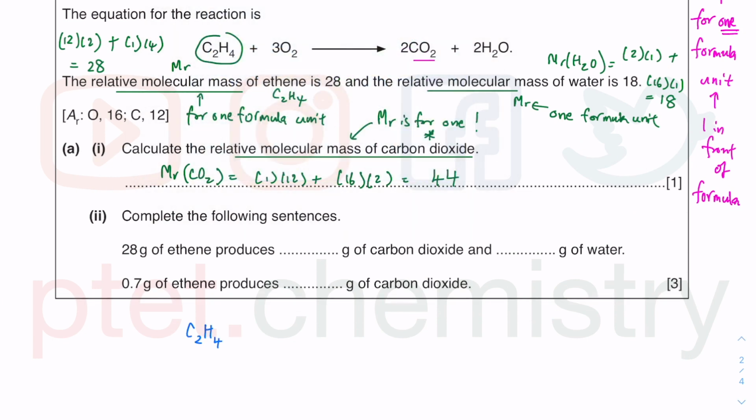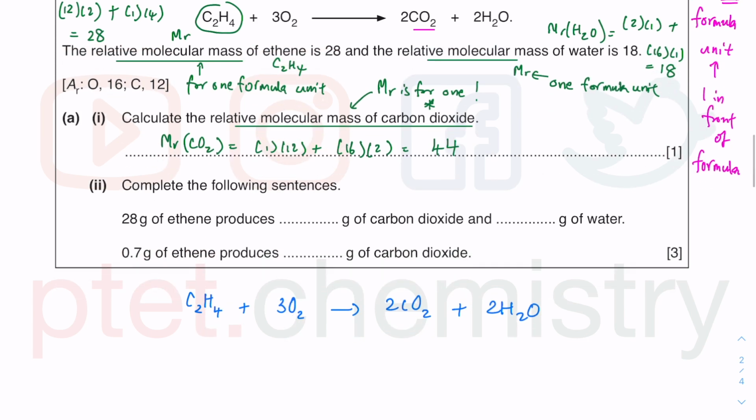So I'll just show you how to do the ratio. Ratio, direct proportion, those are things like cross multiply that we did in the last example, in the last tutorial video. So this is MR. MR is for 1 formula unit. I keep on emphasizing this because this will become very important in all the examples. 28 is for 1 formula unit.